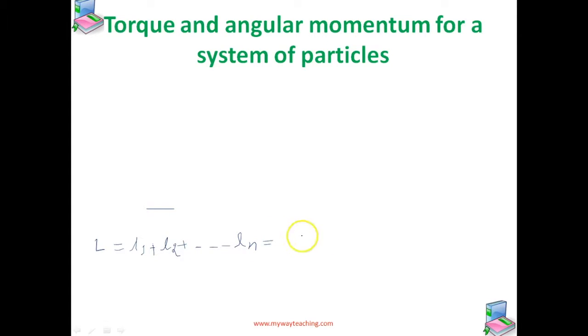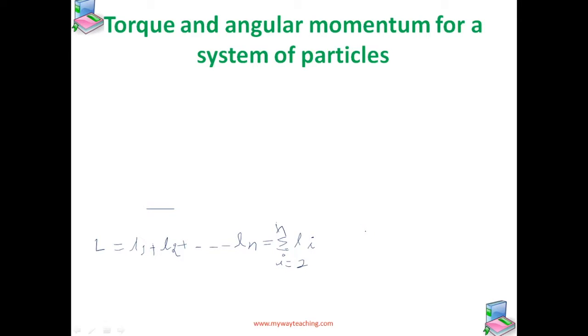That is equal to sigma i is equal to 1 to n Li. So this is the total angular momentum of the body.